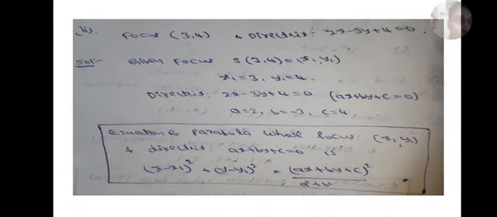Next, second problem. Focus is (3, 4) and directrix is 2x − 3y + 4 = 0. It is also the same.